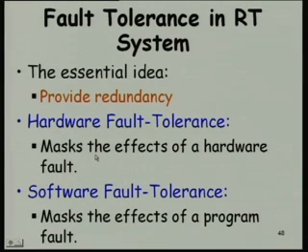In hardware fault tolerance, we can easily mask the fault of the hardware, as I said, with triple modular redundancy, but the fault may be due to software, and that is more likely, because hardware nowadays is so reliable, it hardly fails. But even if there are chances of failure, we can provide fault tolerance in hardware very easily.